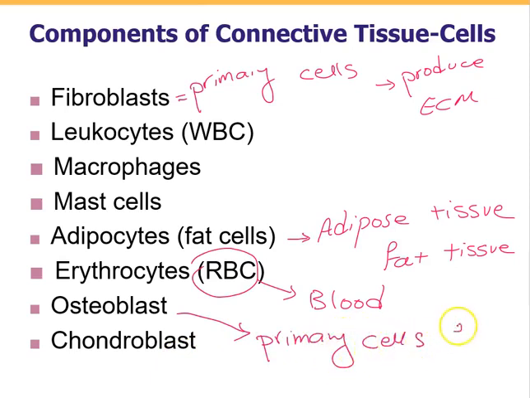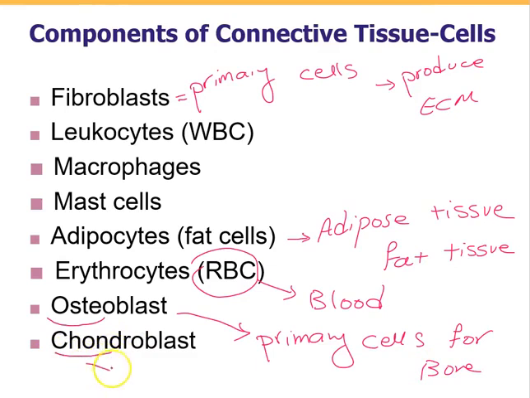for bone connective tissue, as osteo means bone, and osteoblasts are the cells forming the extracellular matrix, the organic extracellular matrix for bone. And chondroblasts, do you remember? The chondro means cartilage.